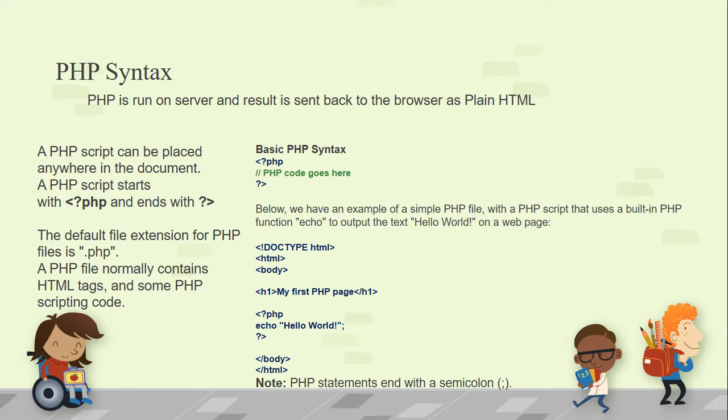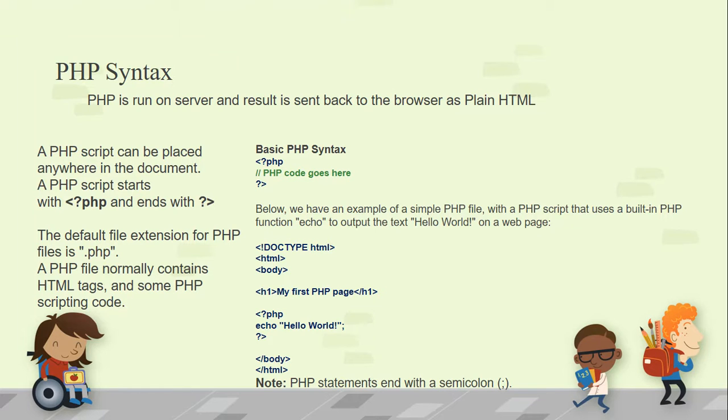In order to put PHP code, the PHP script starts with an angle bracket with a question mark and a PHP tag, and ends with the question mark and the closing angle bracket. The default file extension for PHP is .php.